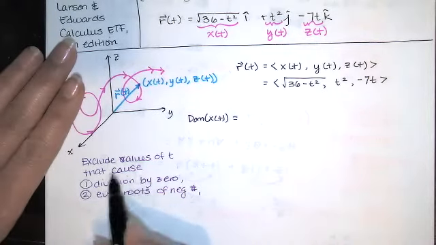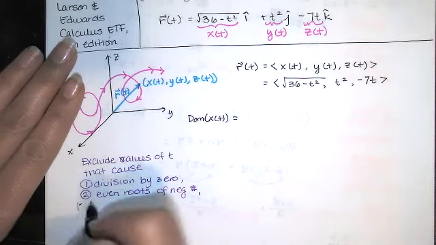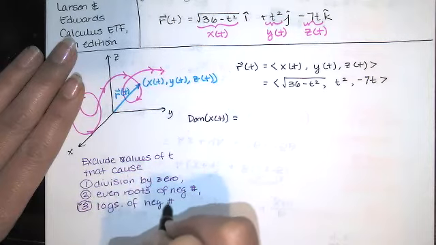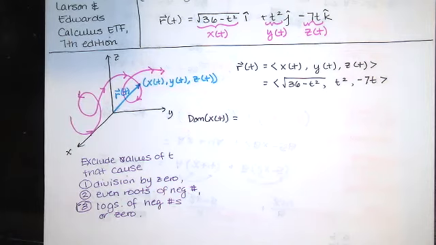So we want to exclude values of t that cause logarithms of negative numbers or 0. So we can't take the log of 0, and the log of a negative actually turns out to be a complex number as well.